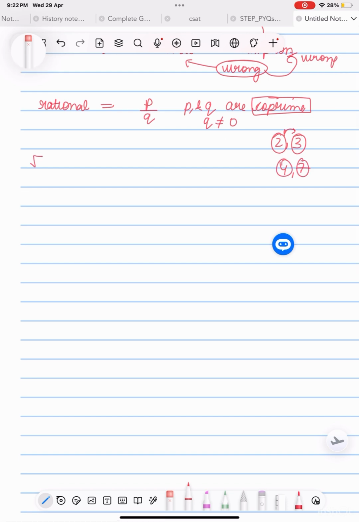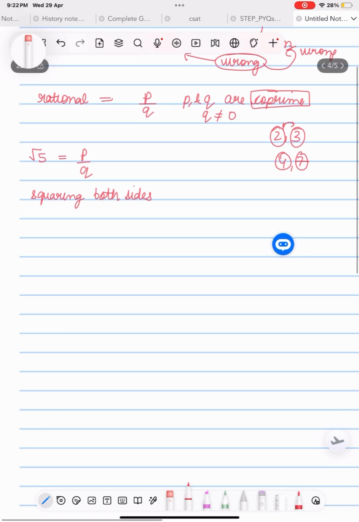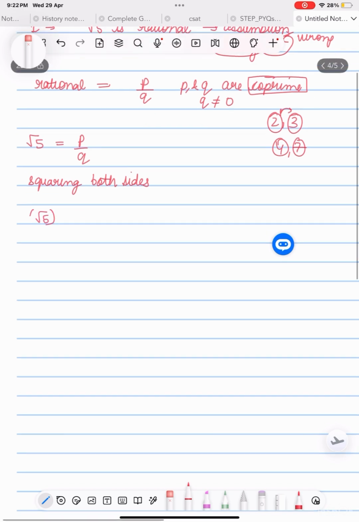Okay. So now we have assumed that root 5 is rational, therefore root 5 must be equal to p upon q. Now we can't solve it further, so let's remove the root by squaring both sides. By squaring both sides, we will get 5 equals p square upon q square.